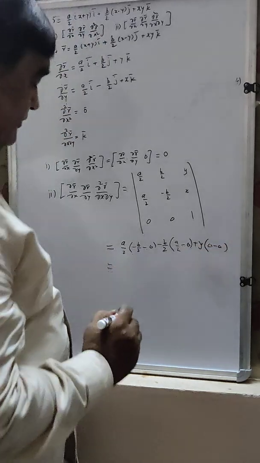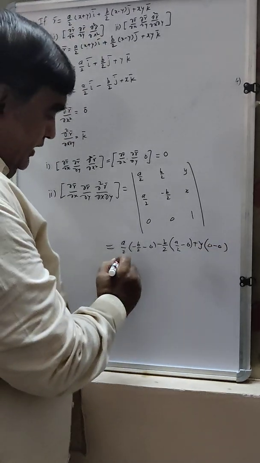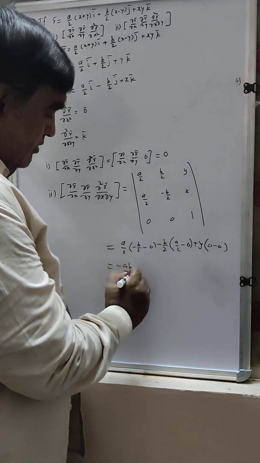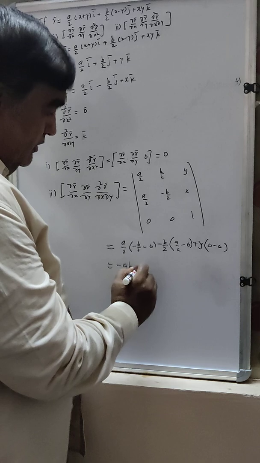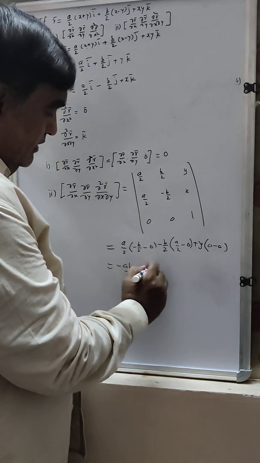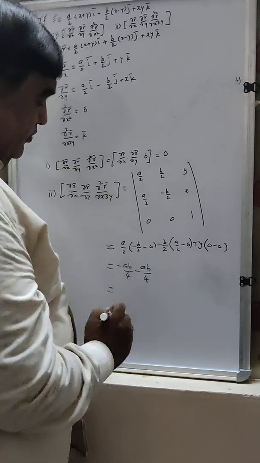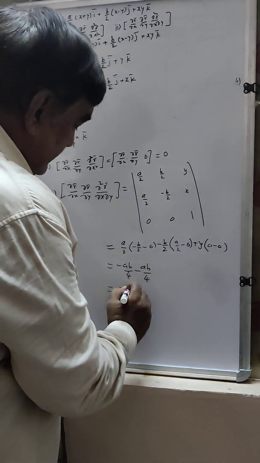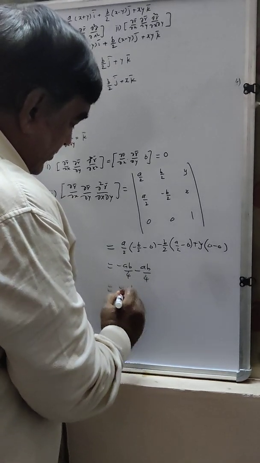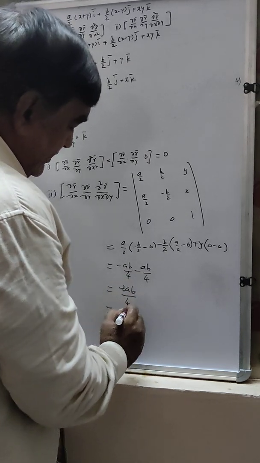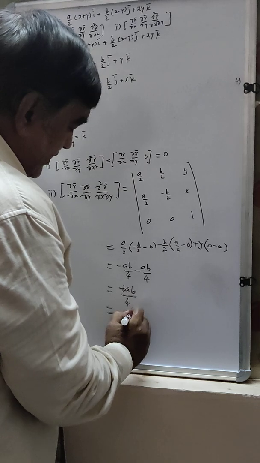This is equal to minus ab/4 minus ab/4, which is equal to minus twice ab/4, that is minus ab/2.